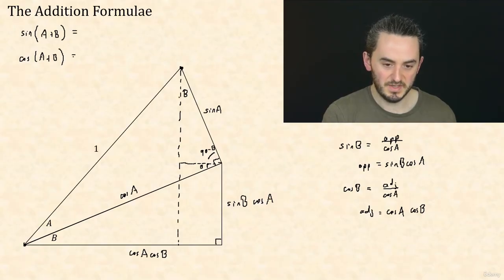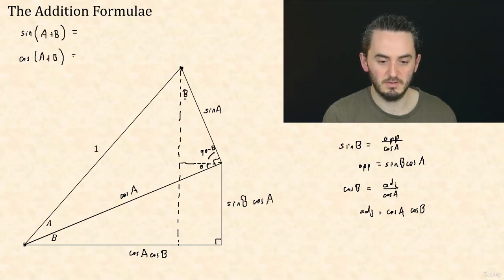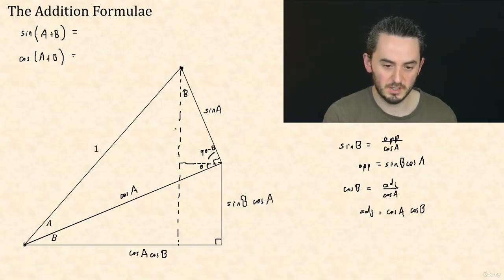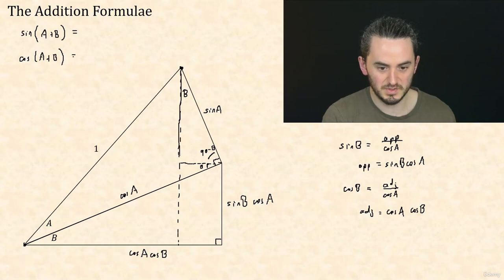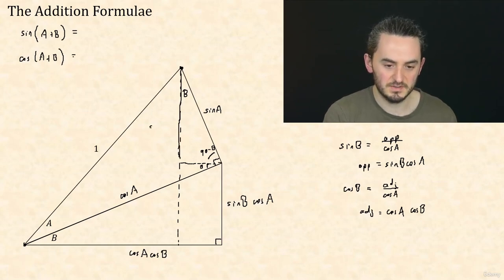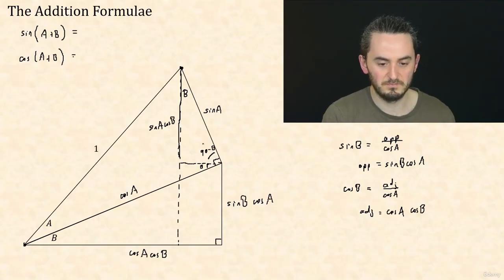Well, it means that this bit on the side here is sine A, the hypotenuse, multiplied by cos of that angle, right? Because the adjacent side divided by sine A is cos B. So this height here, from here down to here, is sine A cos B.